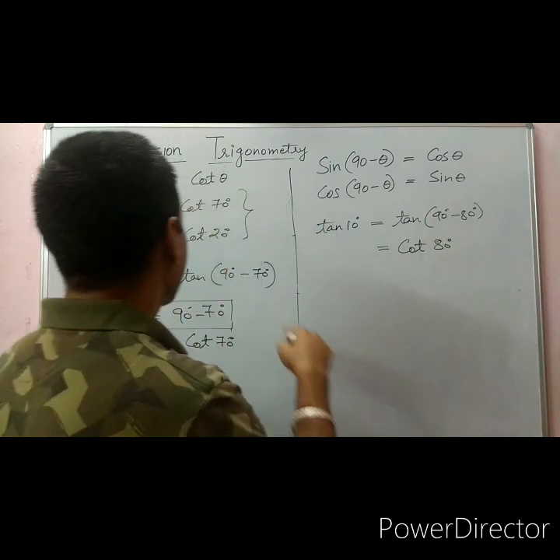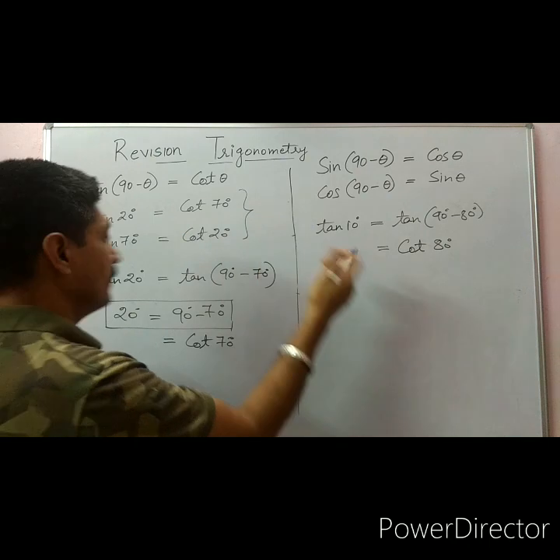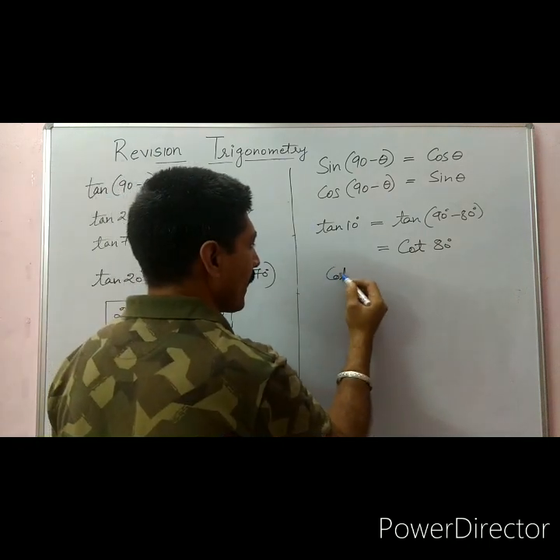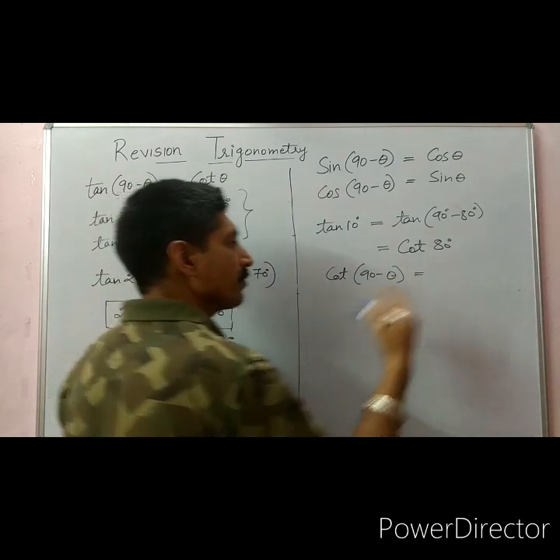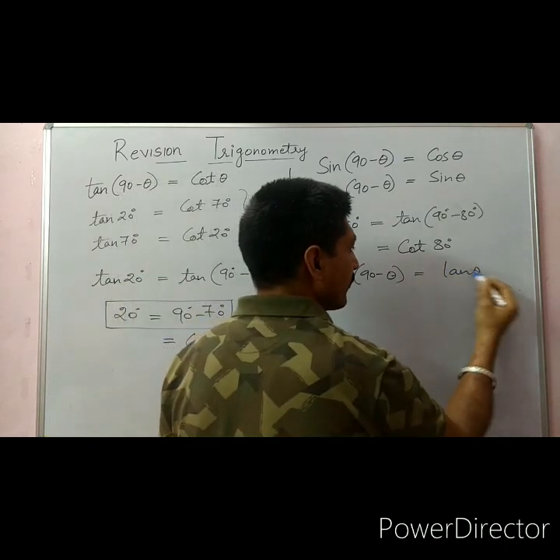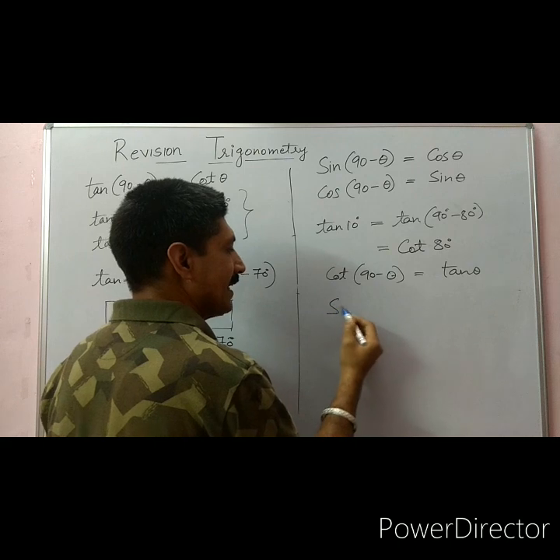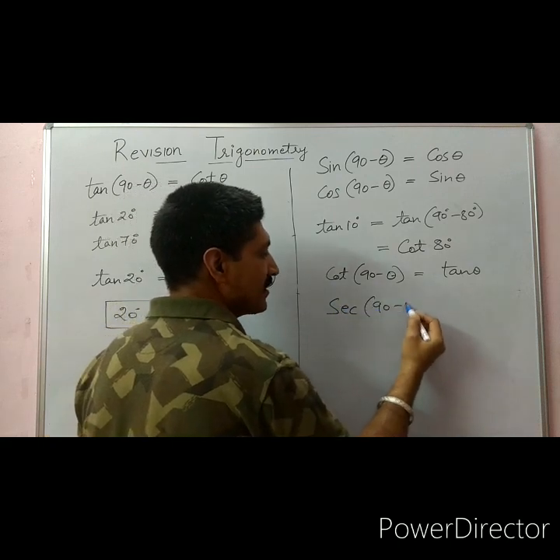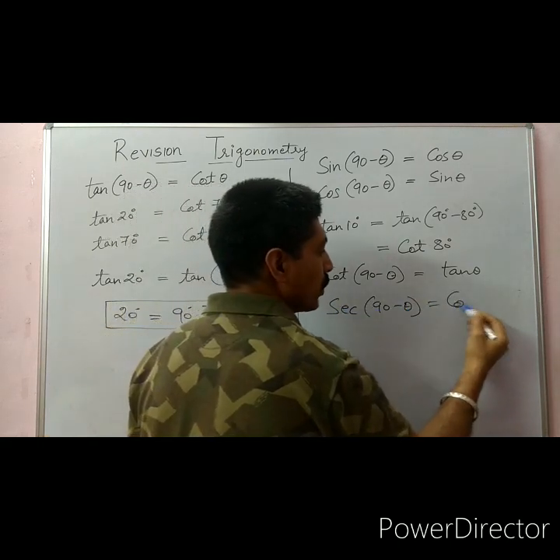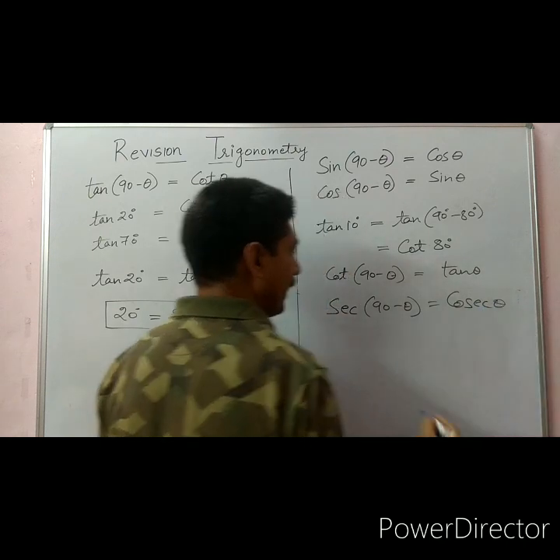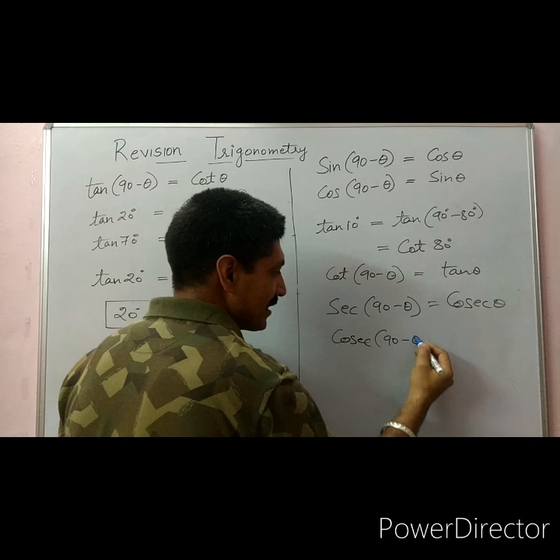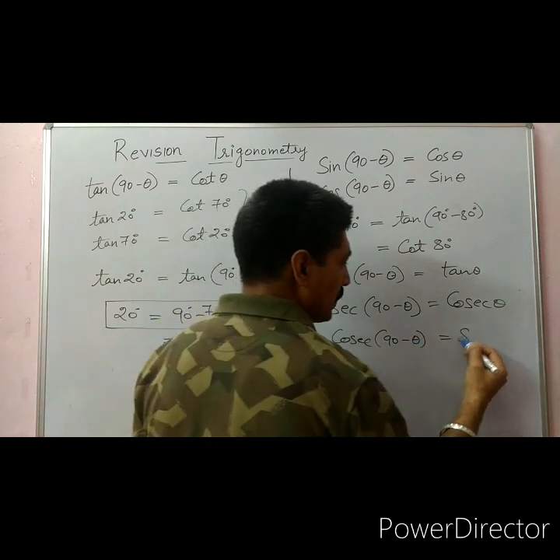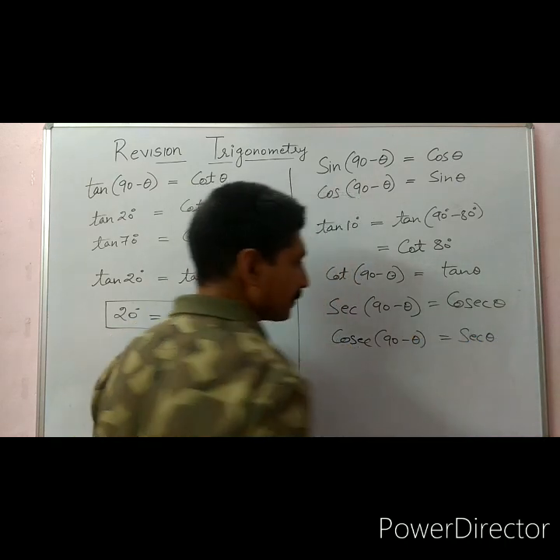So similarly, we have cotangent of 90 minus theta is equal to tangent of theta, and the last secant of 90 minus theta is equal to cosecant of theta, and cosecant of 90 minus theta is equal to secant of theta.